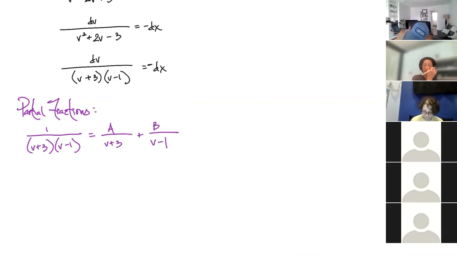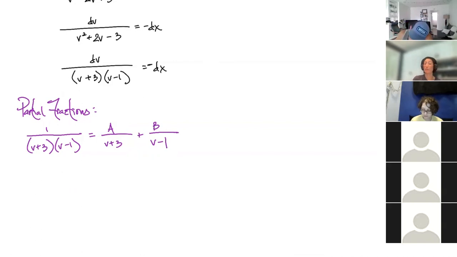Okay. Does anyone happen to know why this numerator is a constant? And it's okay if you don't. For right now, we can just say it's going to be a constant.